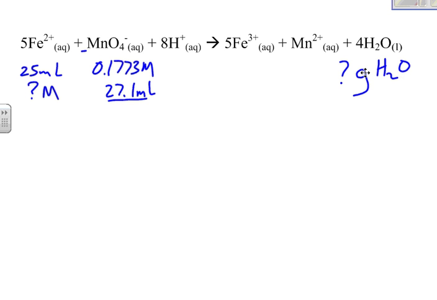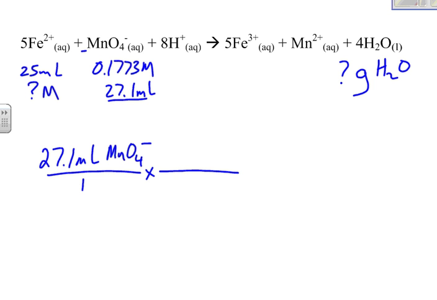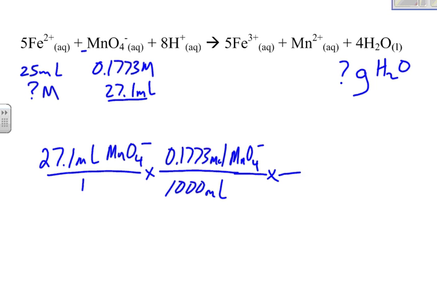And again, all we're going to do is use the volume of our permanganate solution that we used in the titration. We're going to figure out how many moles that was. We'll use our balanced equation then to figure out how many moles of water would be produced.